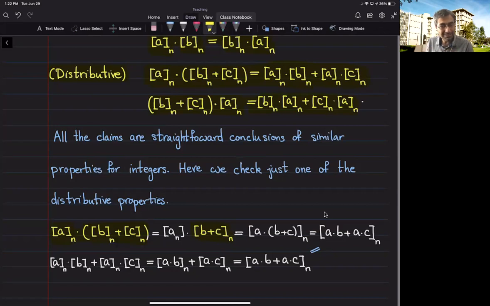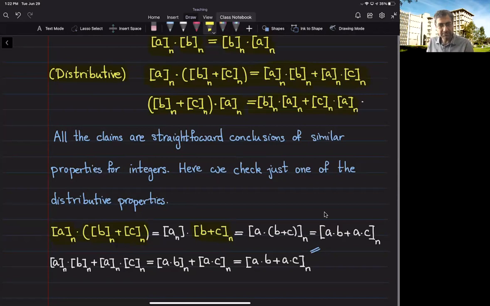We are adding these decorations and then doing the computation in the integers. I can do these decorations at the beginning or at the end or at any step that I want. And because at the end of the day I'm doing the computation inside the integers, I do have the distribution property after decorations as well. So that's the whole idea.